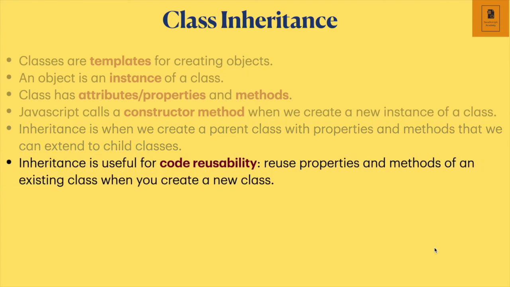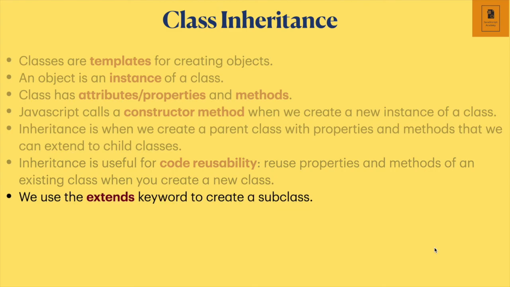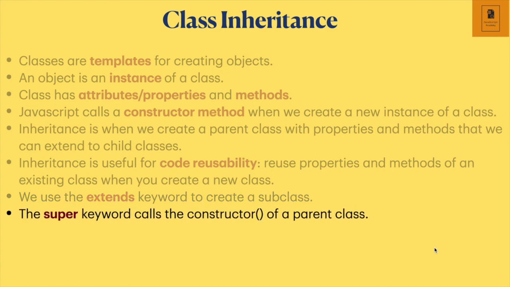Inheritance is useful for code reusability, reusing properties and methods of an existing class when you create a new class. We can use the extends keyword to create a subclass or a child class, and the super keyword calls the constructor of a parent class.